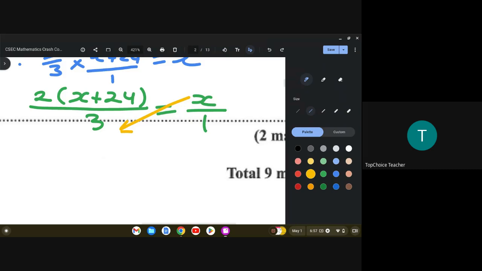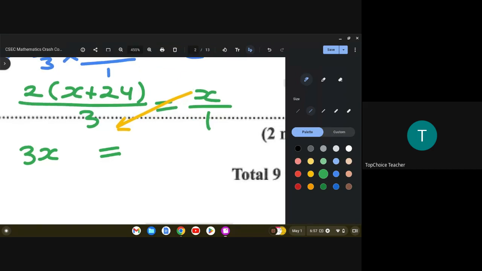So let's do it. x times 3 would have given us 3x, equals, what is the numerator here? This 2 open bracket x plus 24 multiplied by 1. Anything multiplied by 1 is itself. So we would have 2 open bracket x plus 24.